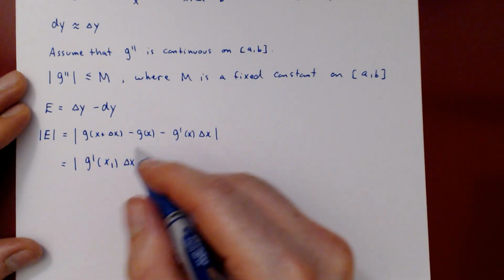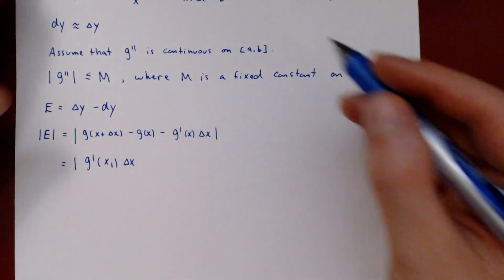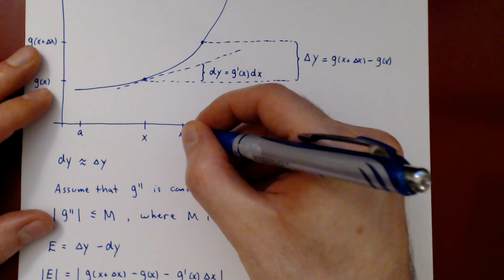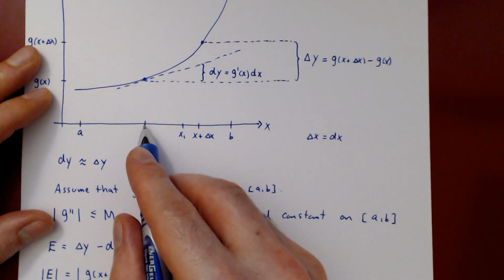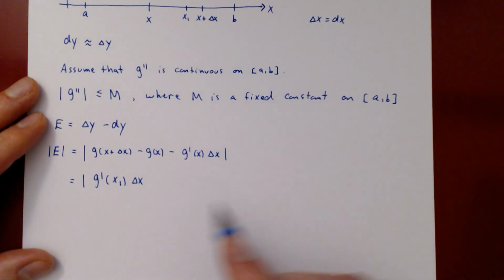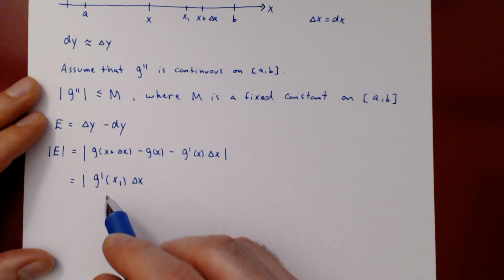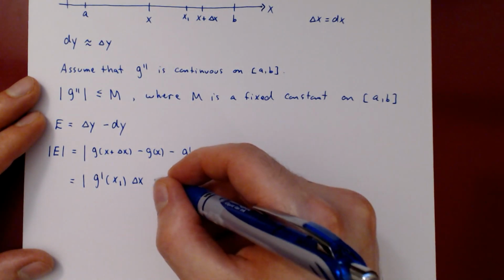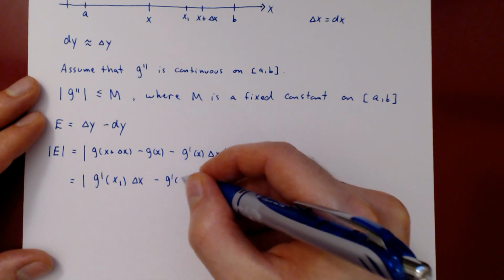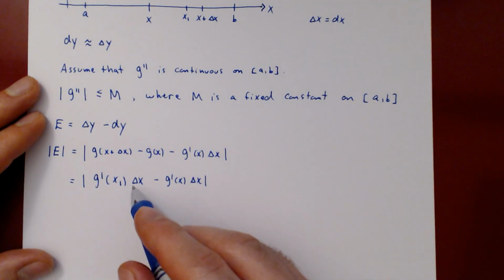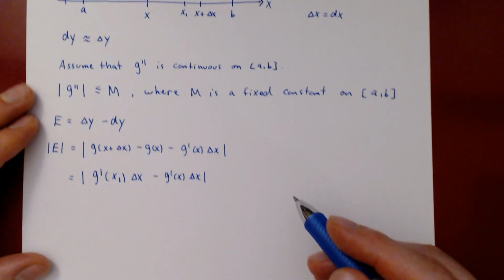And x1 is some point between x and x plus delta x. So say x1 is here. But x1 could be anywhere between the original point and the new point. Again, this is a consequence of the mean value theorem of differentiation. And we have the second term now from the differential. Notice now that we can factor a common multiple of delta x.